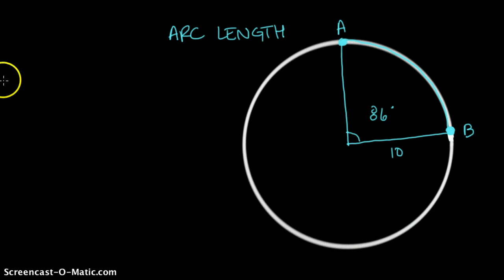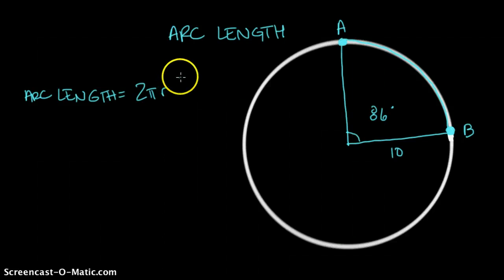The formula. Arc length is 2 times pi times r times central angle over 360.